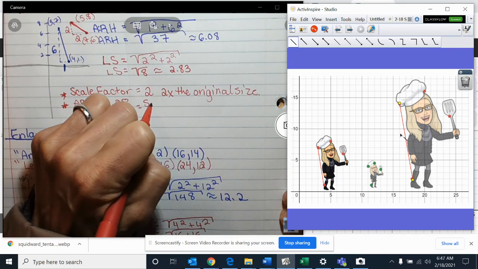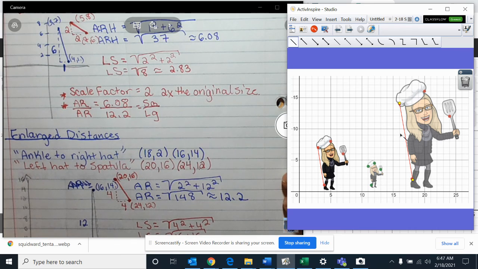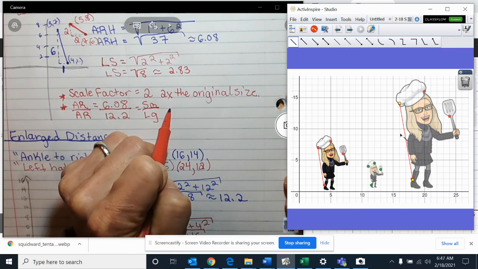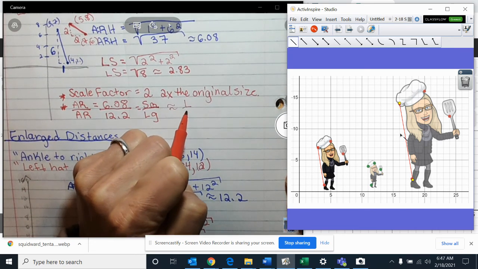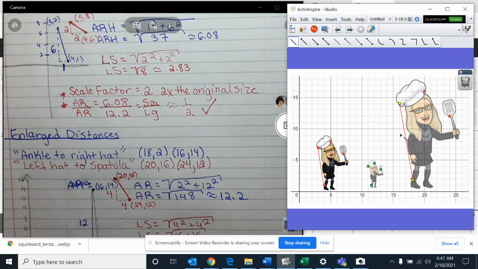Just comparing the smaller, or the original, to the large. And we can see that it is about half. And so that confirms our relationship. And then you could go further and look at the other corresponding lengths, and also look at the distance in the reduced. The reduced should be half the length of the original.